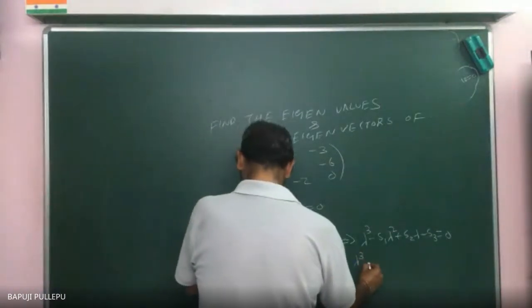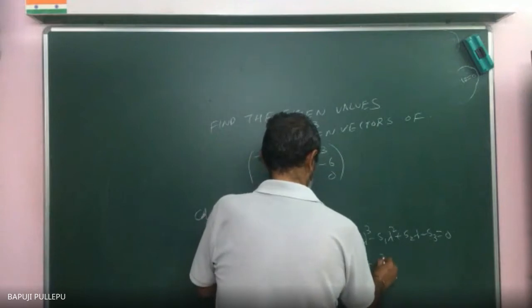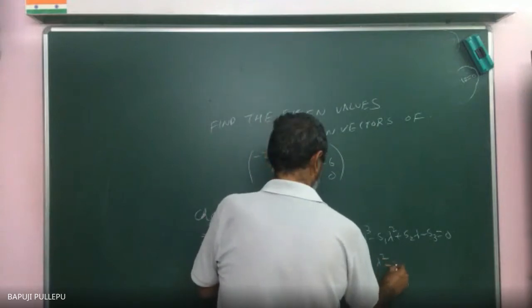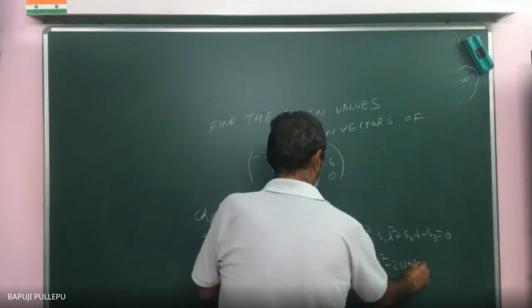This is lambda cube plus lambda square minus 21 lambda.